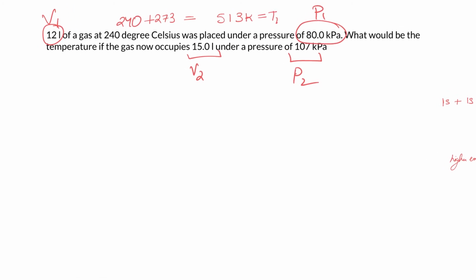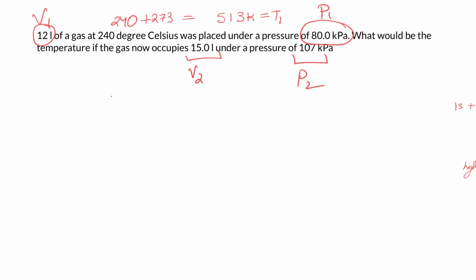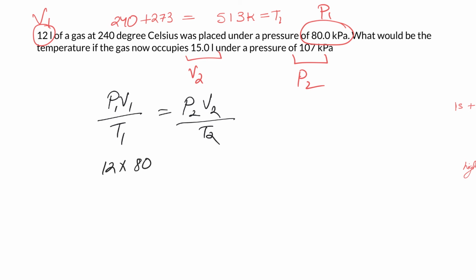So let's use the combined gas equation. P1 V1 upon T1 equals P2 V2 upon T2, right? So that comes out to be 12 multiplied by 80 upon 513 equals 107, volume is 15, and T2 is what we want.